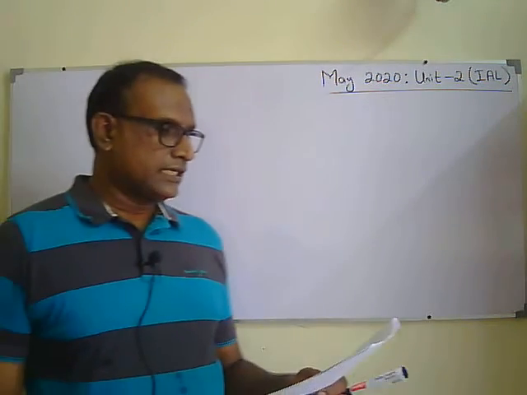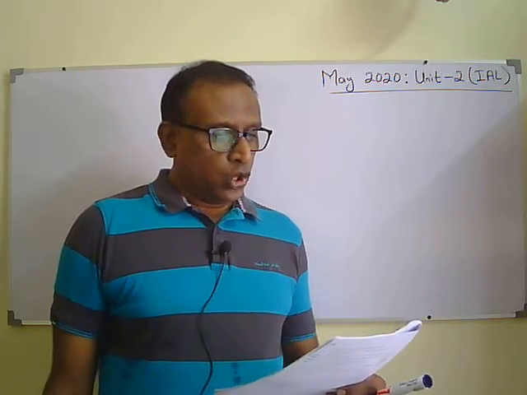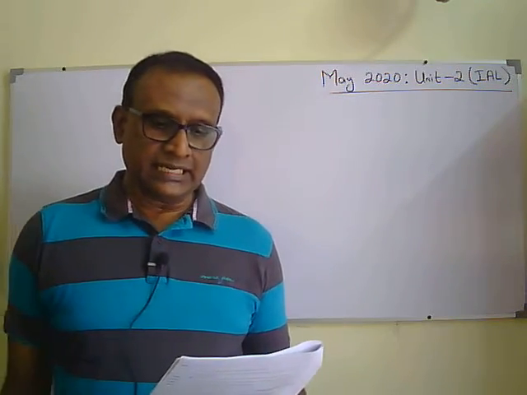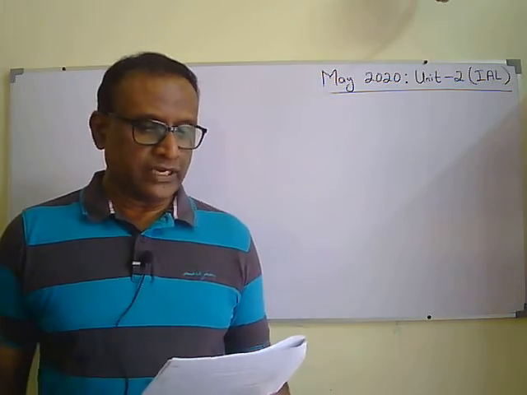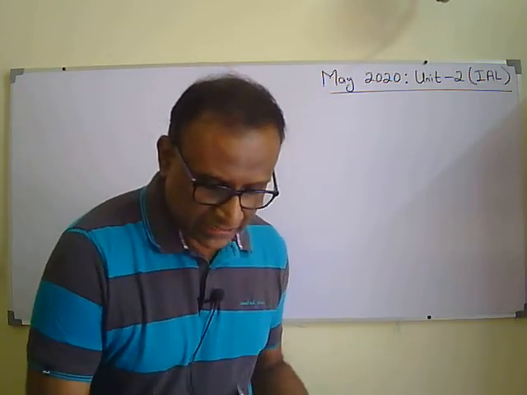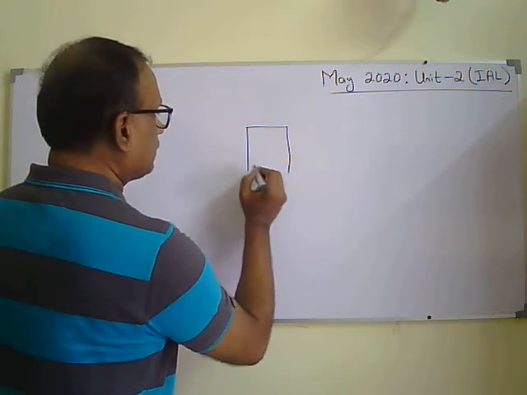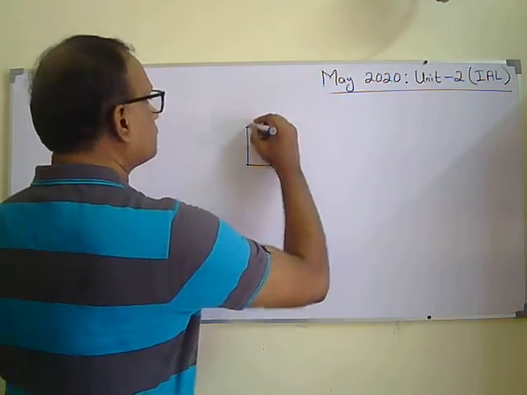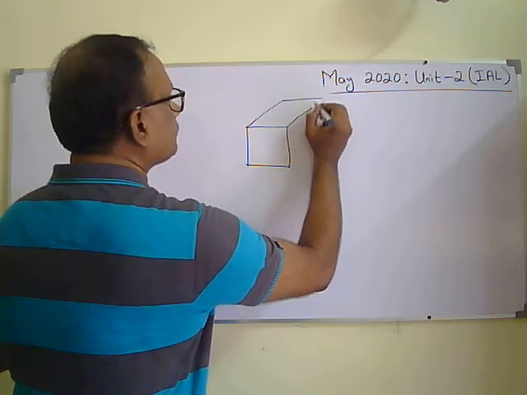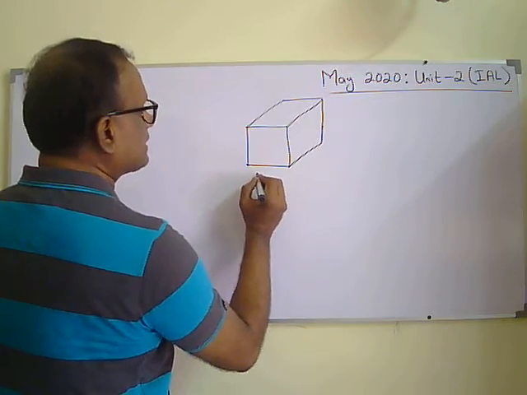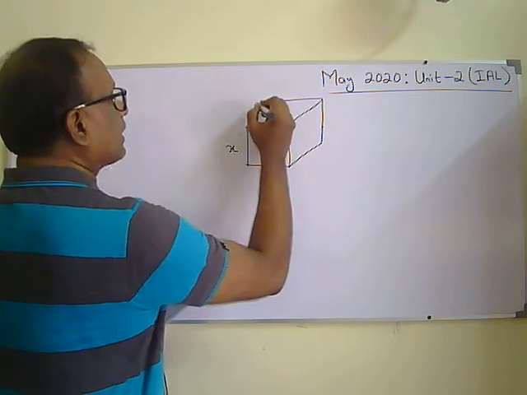Okay, question number 7. A small metal tube with sides of length x is connected in a circuit. The current through the tube between opposite faces is I. So if I consider this as a tube, each side is length x, this also x.